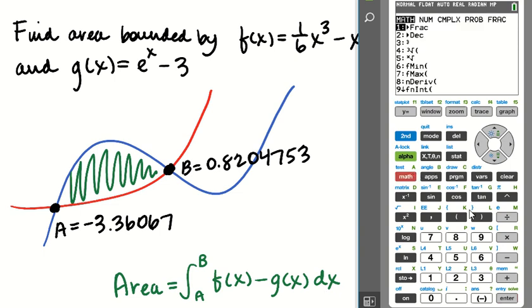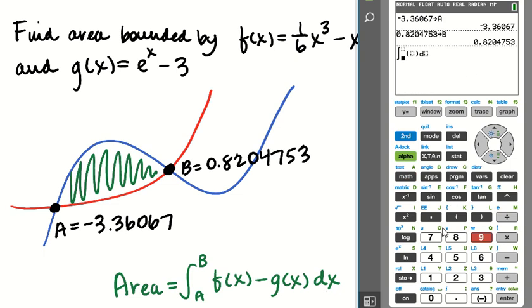And now I'm going to integrate. I'm going to use Math 9, right? It's a nice integral. And that's from A up to B of, well, it's top minus bottom. Blue minus red was y1 minus y2. So I'm going to call on y1. Variables, y variables, we're in function mode.